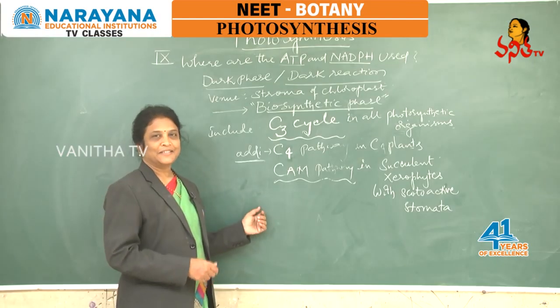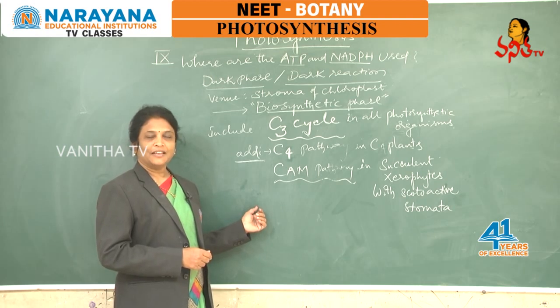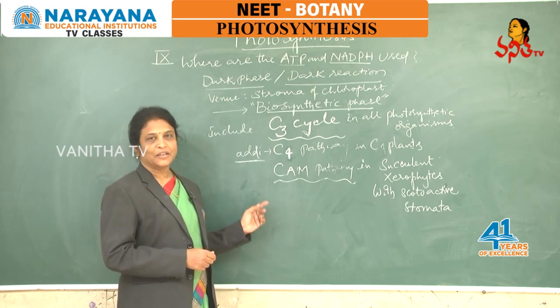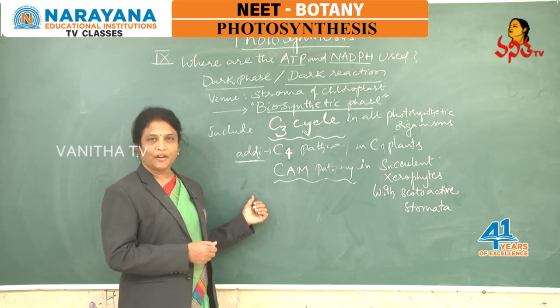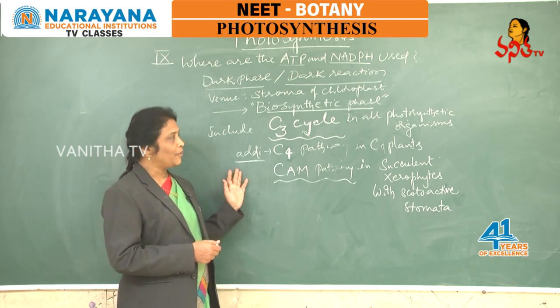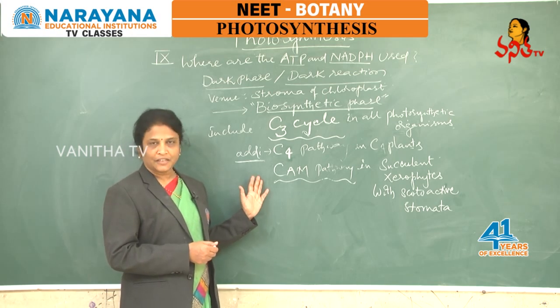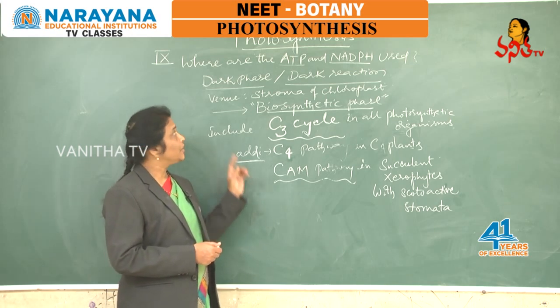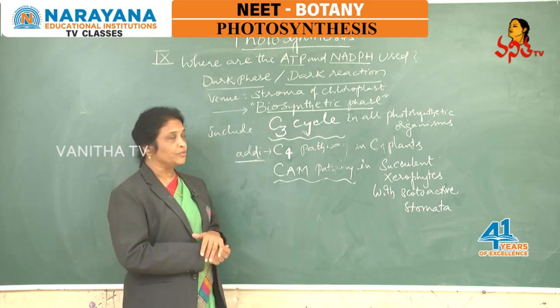Hi students, we are here to know about photosynthesis, and the mechanism of photosynthesis includes light phase and dark phase. In the previous sessions we followed light phase mechanism in detail. Now, we follow dark phase mechanism or dark phase reaction of photosynthesis with the question, where are that ATP and NADPH used?